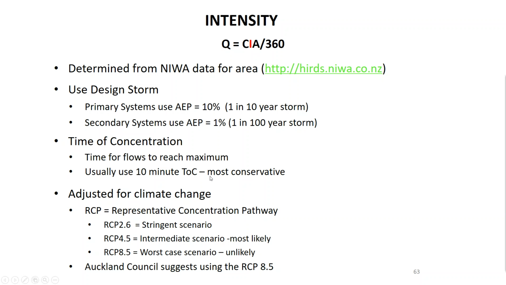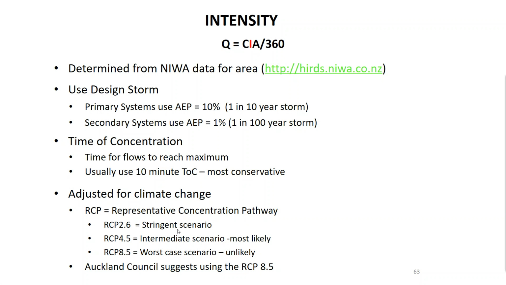But there are ways of calculating the time of concentration, which may reduce the design flow if you've got a larger catchment. We also need to adjust for climate change. The RCP is the representative concentration pathway. What's happened is a whole lot of scientists got together and looked at a whole lot of future scenarios. RCP 2.6 is a moderate scenario for climate change, where the rainfall is going to increase moderately over time.